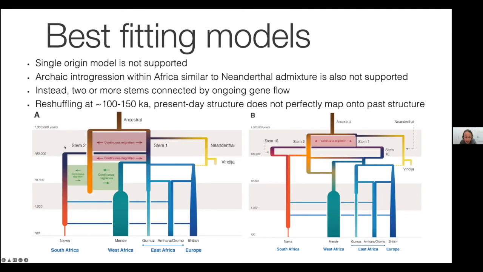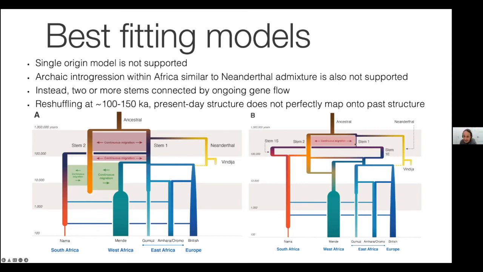If you look at the more distant past, things are a bit more different. If you try to line things up here, it's a bit harder. What is very consistent across these models is that we need multiple stems. We need multiple ancestral populations to capture the patterns of genetic differentiation that we're observing. This is consistent and with very high statistical confidence.